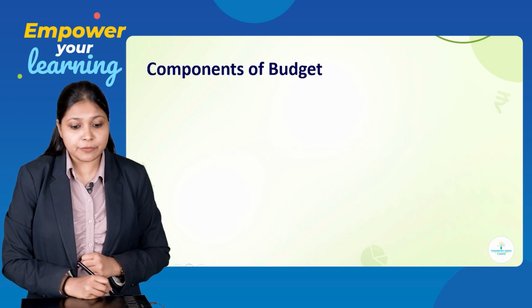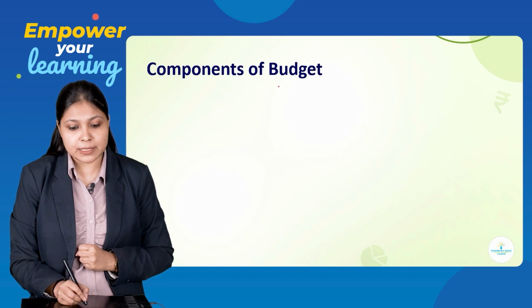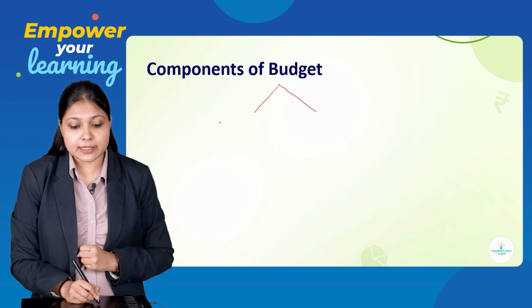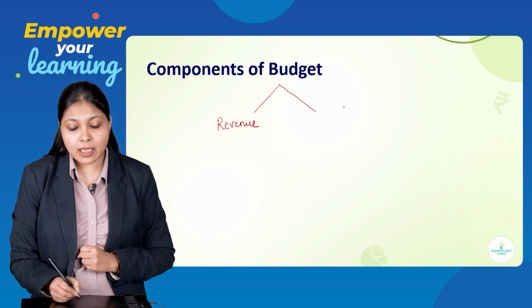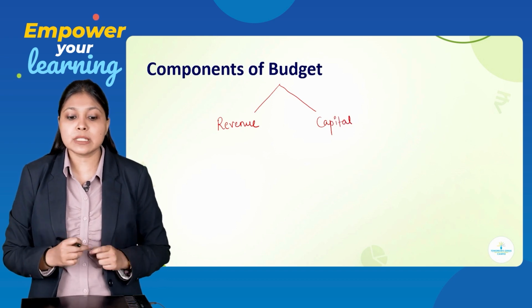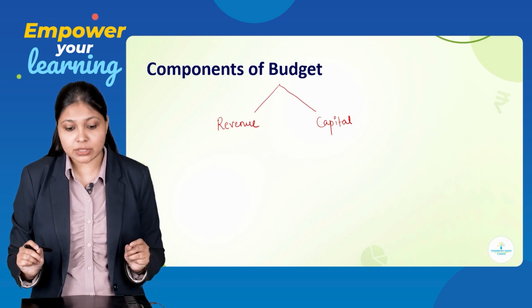So first of all, you should know that there are basically two components of budget. If I tell you in brief, it is nothing but revenue budget and capital budget. So basically the two major components of budget are revenue budget and capital budget.